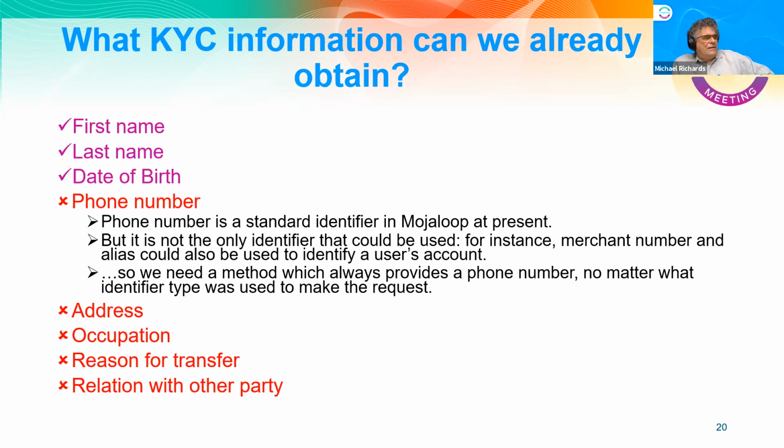Phone number, we can provide it accidentally in some cases because it's a standard identifier and it's one that's frequently used, for instance, by mobile money schemes. But it's not the only identifier that could be used, as Paul's been saying. A payment might be identified by merchant number or alias. So we need some way that always provides a phone number, no matter what identifier type was used to make the request. And the last four, we don't currently have information about in any case.